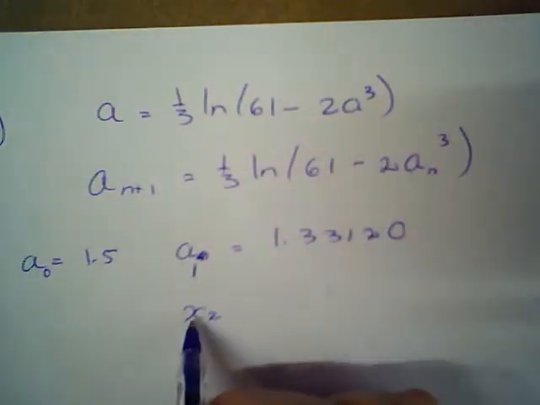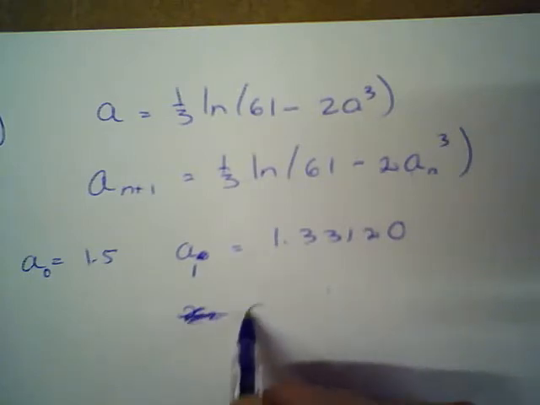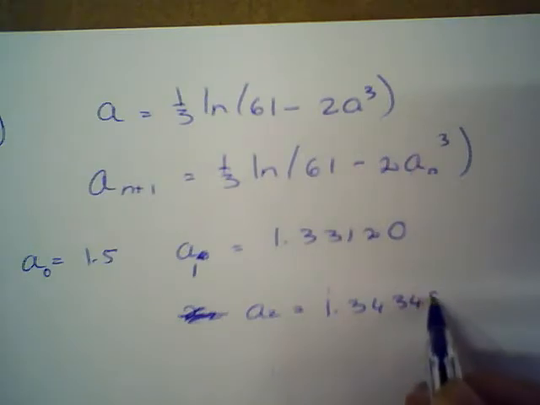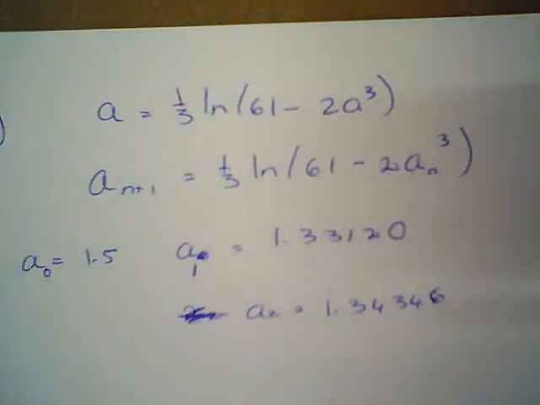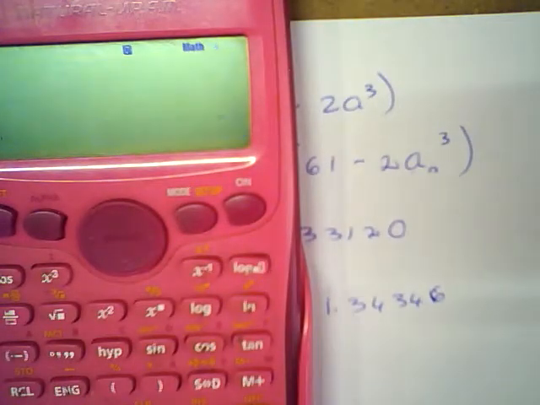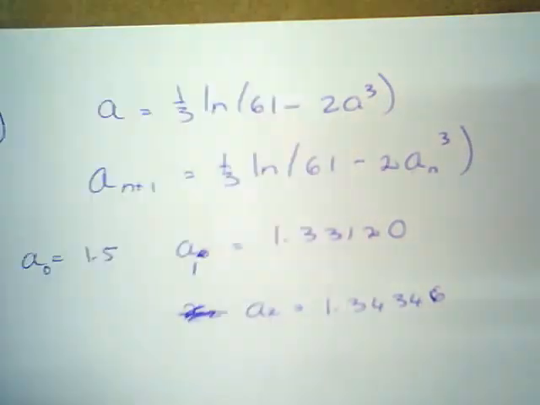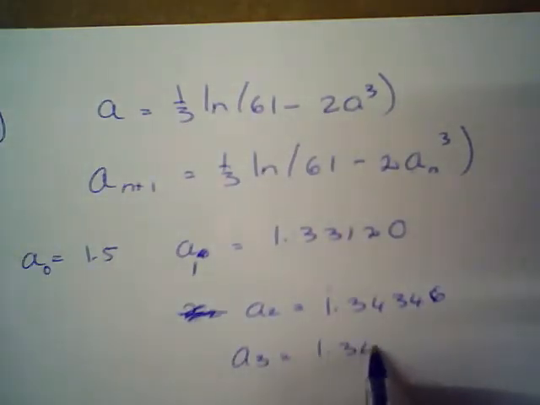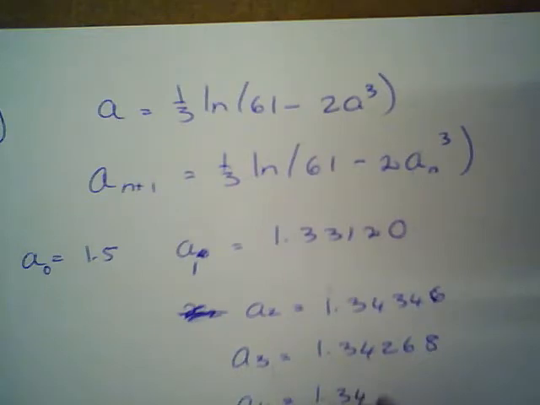So a2 would be 1.34346, correct to 5 decimal places. Good, so I just press equal, and that will give me my next iteration. So a3 would be 1.34268. a4, and I just press equal, 1.34273. Okay, and so on.